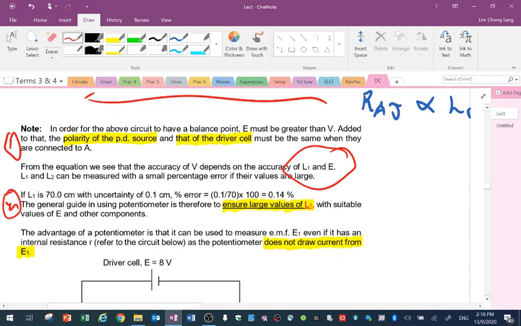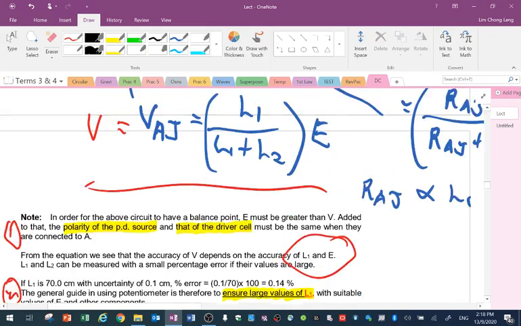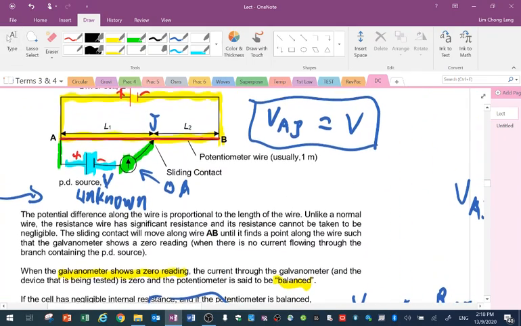All right, the third point is that the potentiometer does not draw current from E1. E1 is the PD source. Look at the PD source. This is E1. If you don't know which one is E1, this is the EMF E1, which you can write as E equals to E. Why? Because the internal resistance is low.